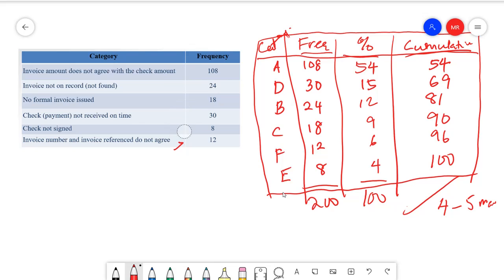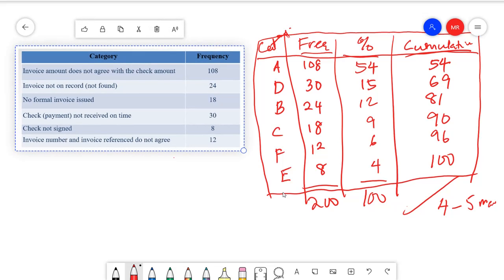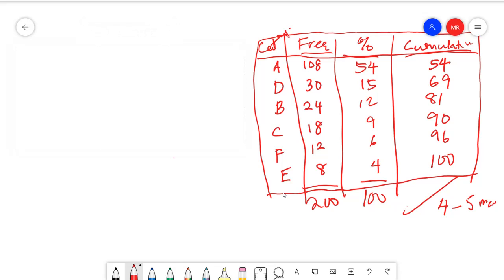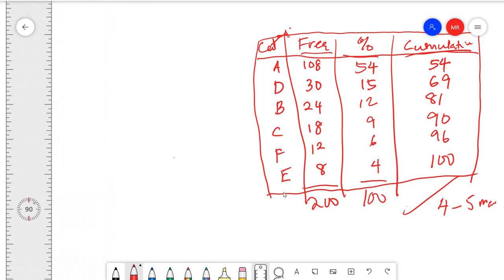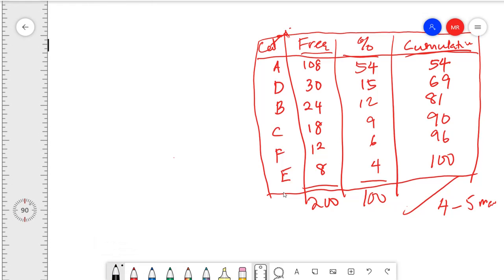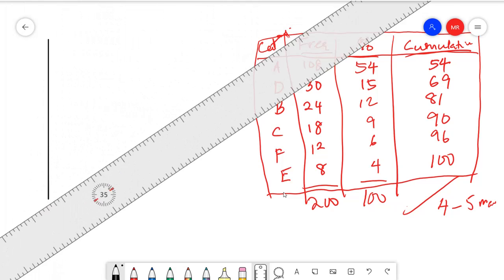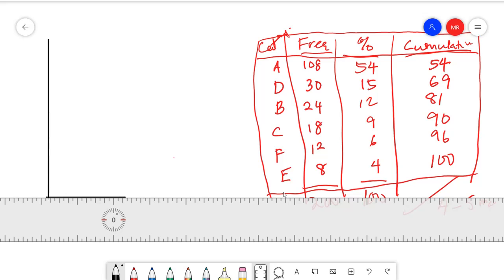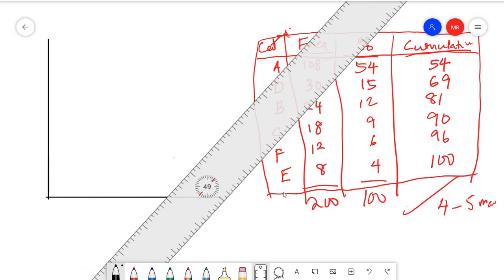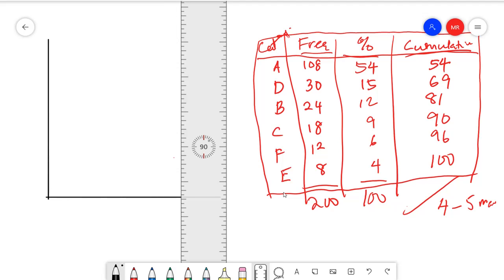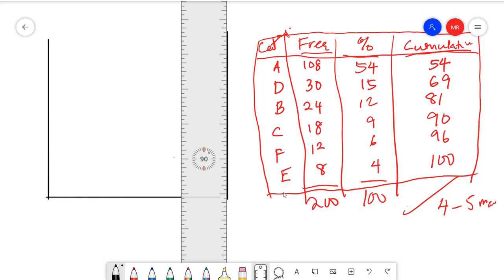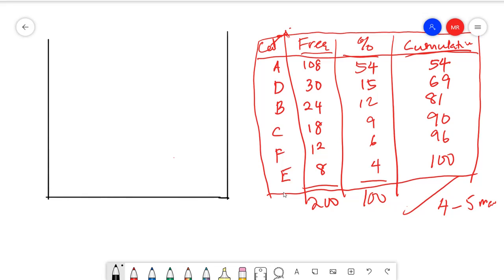Next we will construct the Pareto chart, so I will try to draw it here.